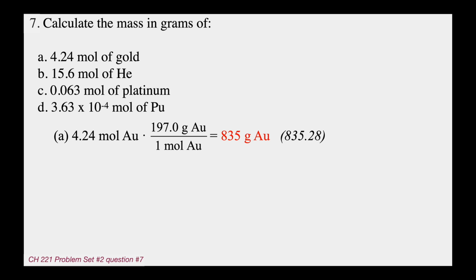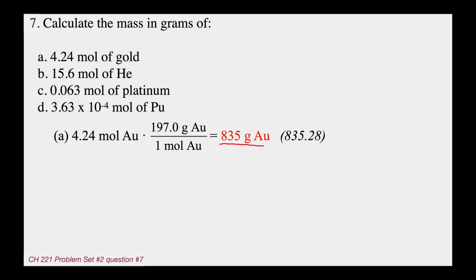Let's talk about sig figs. On my periodic table, the number I just quoted you, 196.967, this person did not use all of those sig figs. And honestly, that's okay. We have 3 sig figs going in. 4.24 is 3 sig figs. The important thing is just to have 3 sig figs out. So you can use 197.0, that's fantastic.